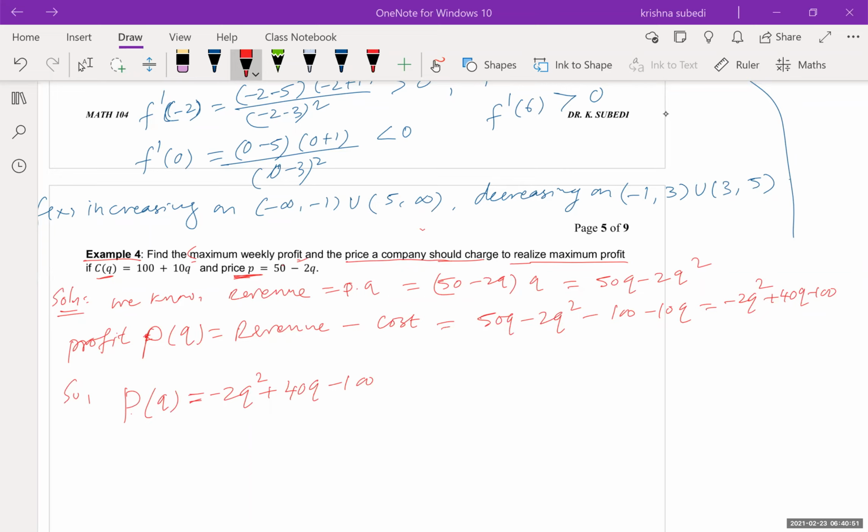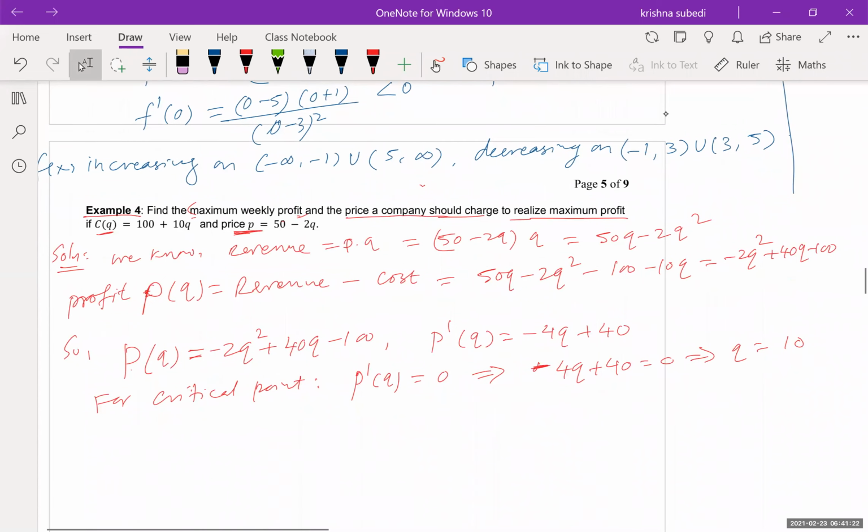So to find the maximum profit, by following the same steps as we did earlier, you find the derivative, which gives you negative 4q plus 40. And for the critical point, you have the derivative equal to 0. That gives me negative 4q plus 40 equal to 0. That gives me q equal to 10.